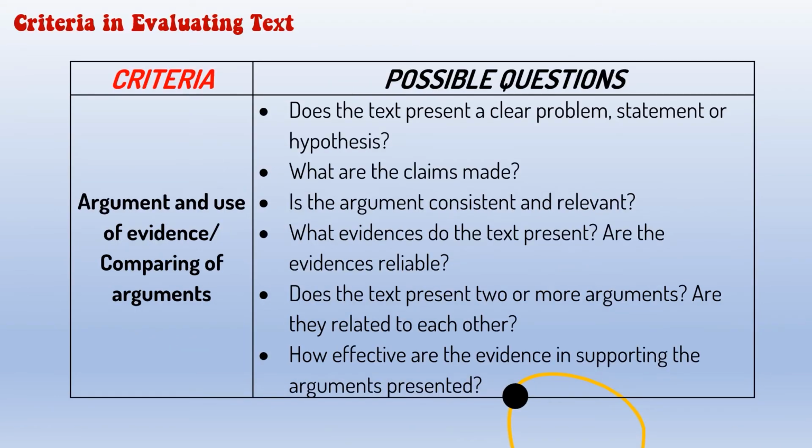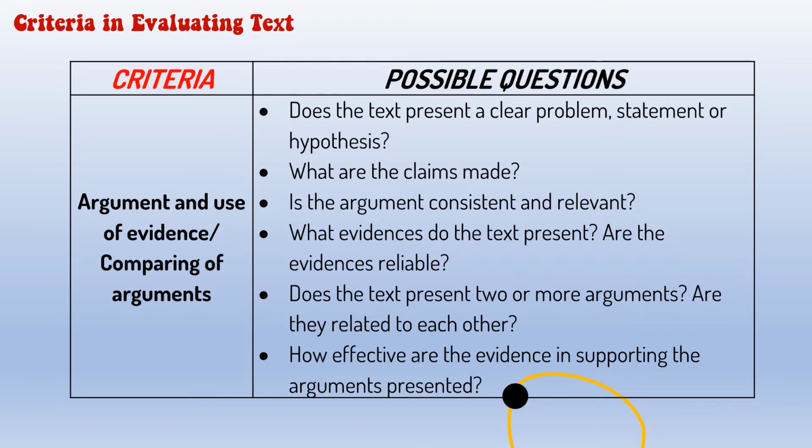Next criteria na titignan natin sa isang text or reading material is the argument and use of evidence or comparing of arguments. So for this criteria, need ng text na sagutin ang mga questions na to. Does the text present a clear problem, statement, or hypothesis? What are the claims made?